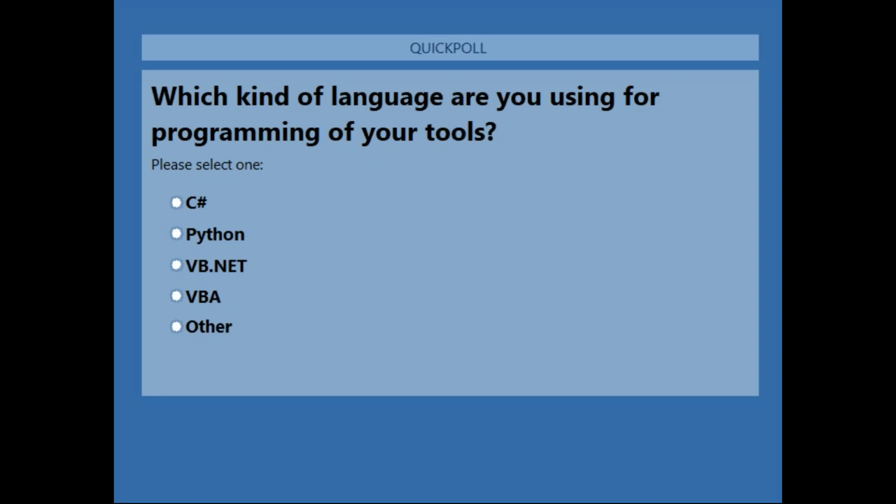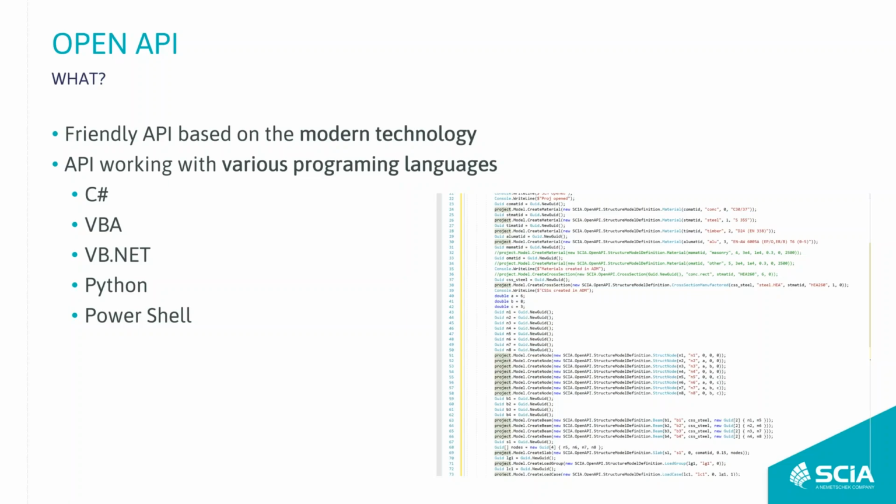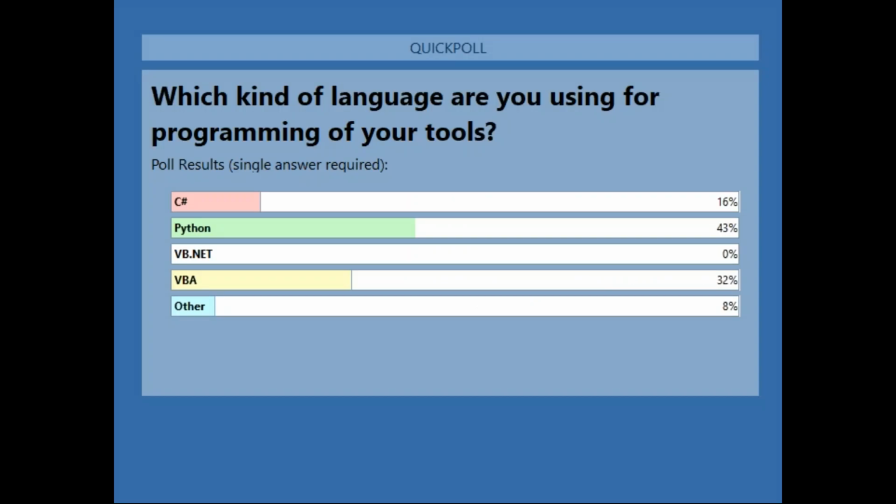Let's say that in the intermediate results, the fight is between Python and VBA. So, the last 10 seconds for anyone who still wants to change their vote or to beat the results. So I will close it. I will quickly share it with you.